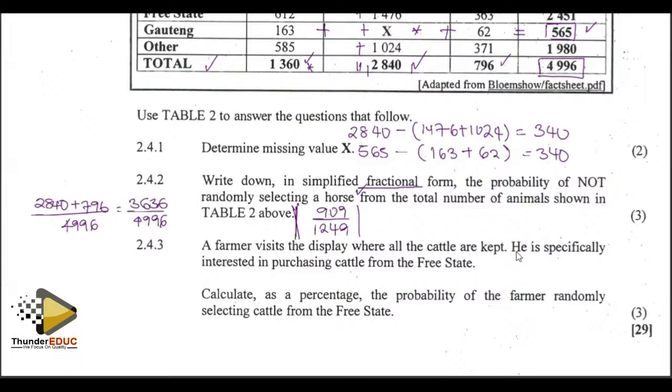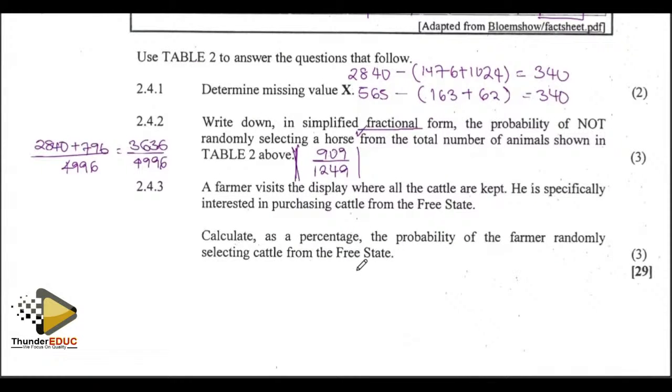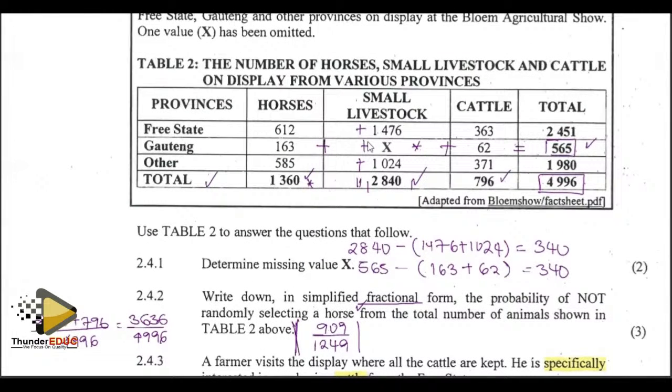Okay, a farm, the display where all cattle are kept, is specifically interested in purchasing cattle from Free State. Take it as a percentage: the probability of the farmer randomly selecting cattle from Free State. Now, take note of these words, specifically interested in purchasing cattle. So we are not going to look at other total animals. We are only going to look at the cattle that we are having. So we shall come down here. We only look at this space here.